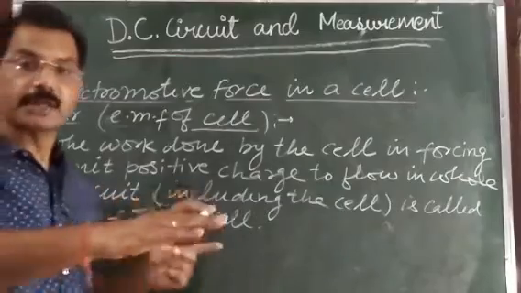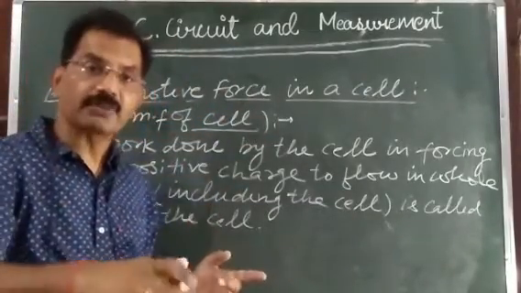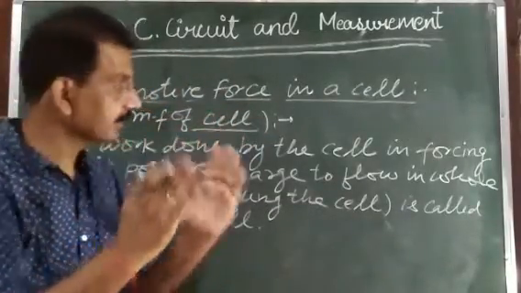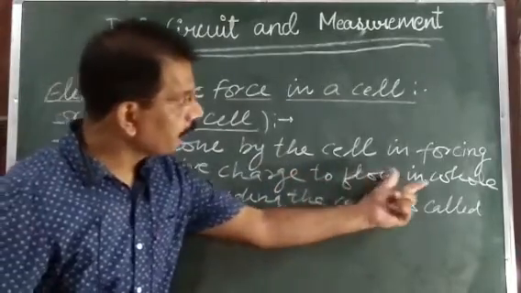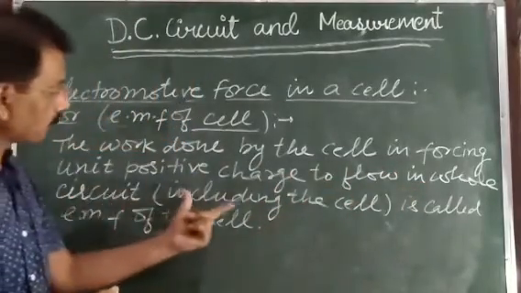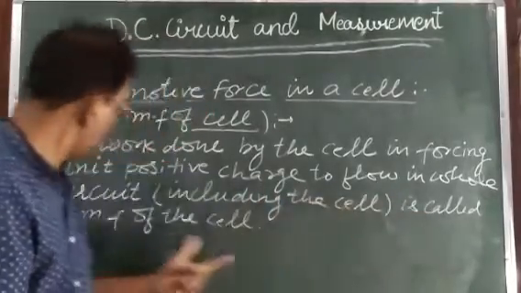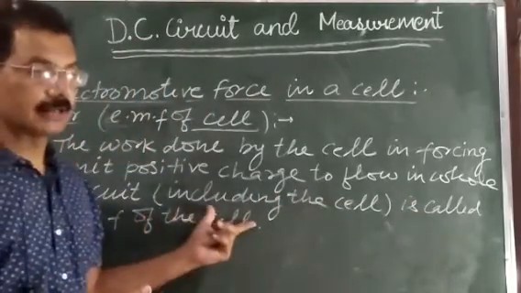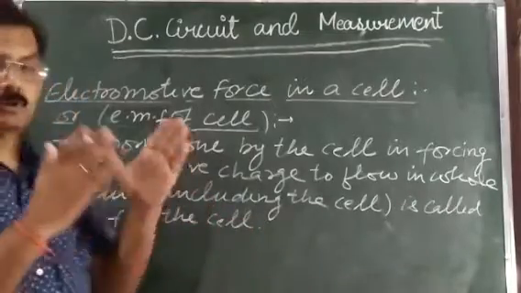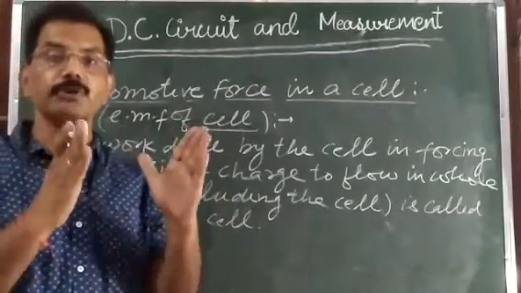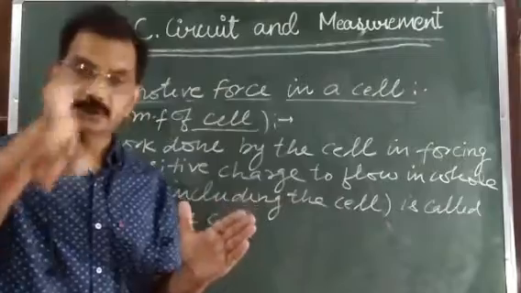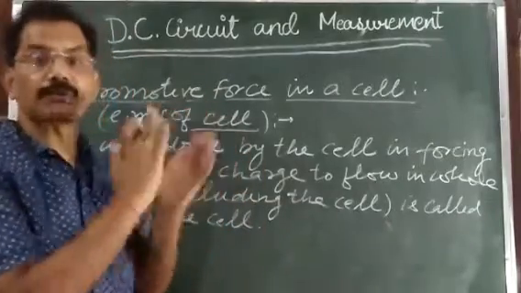Whole circuit means the external circuit as well as inside the cell. So simply, EMF is the work done in forcing a unit positive charge throughout the circuit, including the cell also.